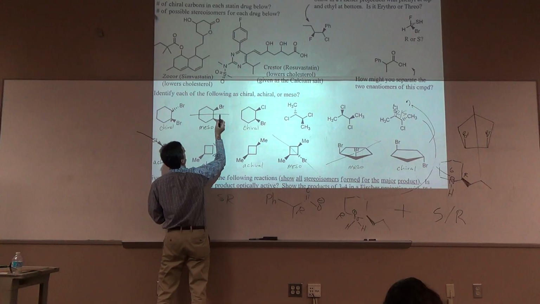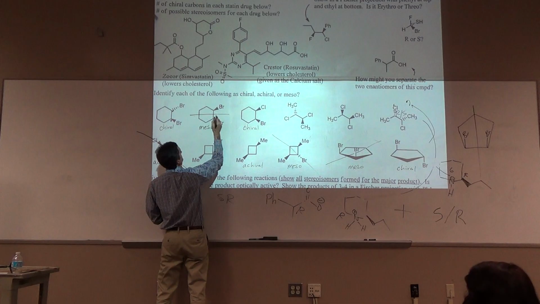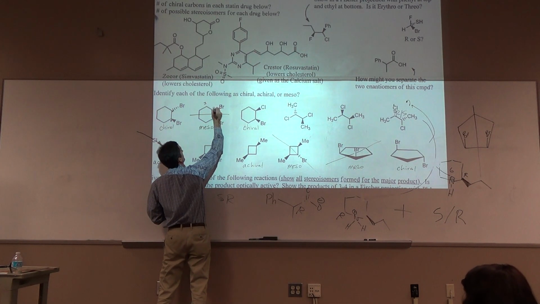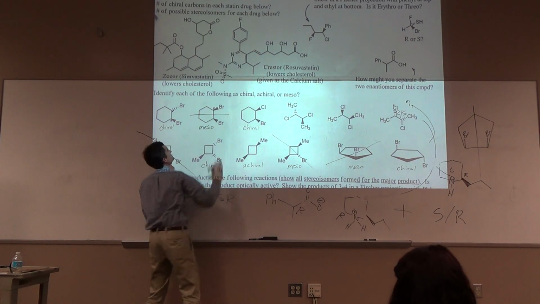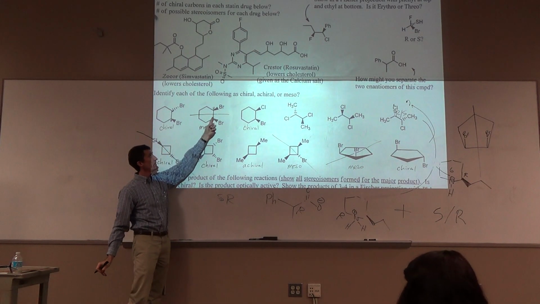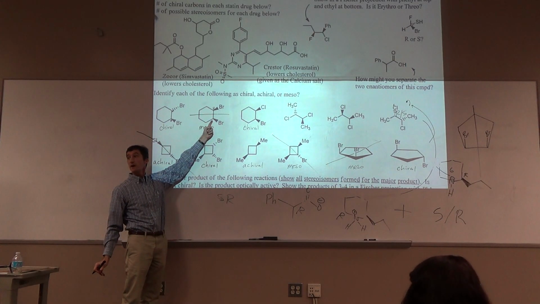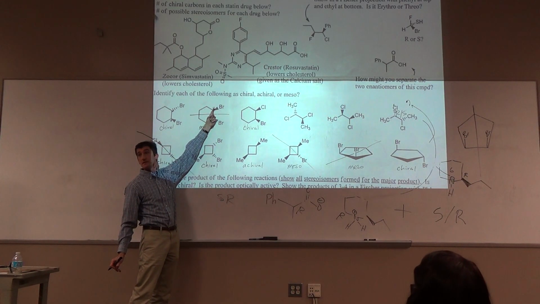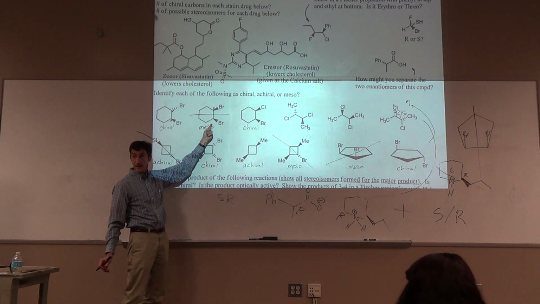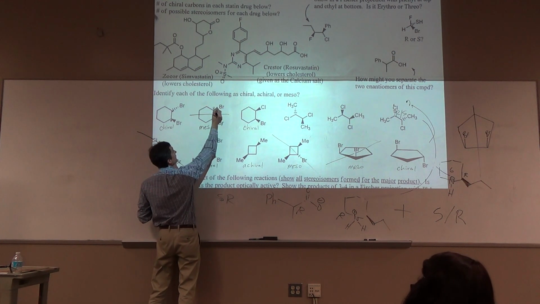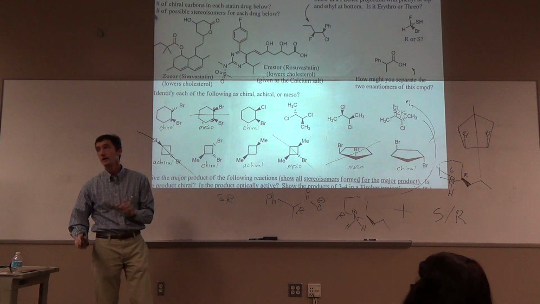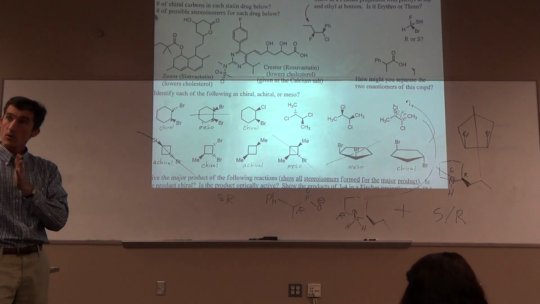Bromine's 1. Carbon with bromine would be 2. Carbon with carbon would be 3. H is in the back, that's R. Top one's R. If that's indeed a mirror plane, I'll bet you $100 gazillion the bottom is S, because the mirror of R is S. 1, carbon with bromine 2, other carbon 3, counterclockwise, H is in the back, S. See, in meso, you'll have R on one side, S on the other.